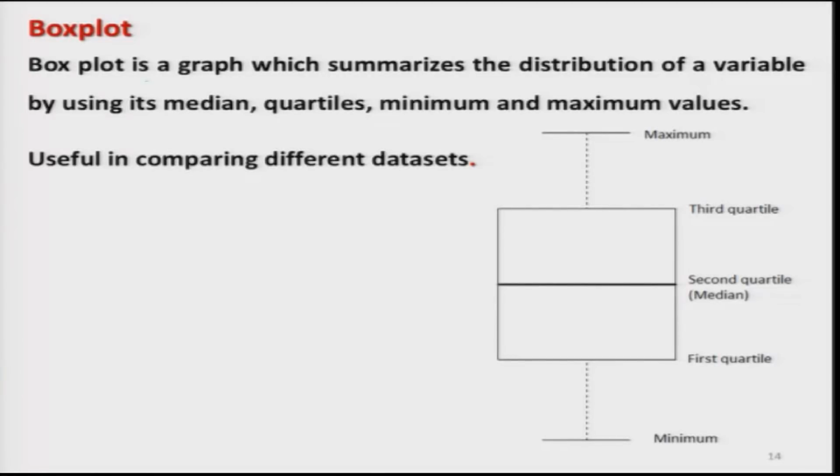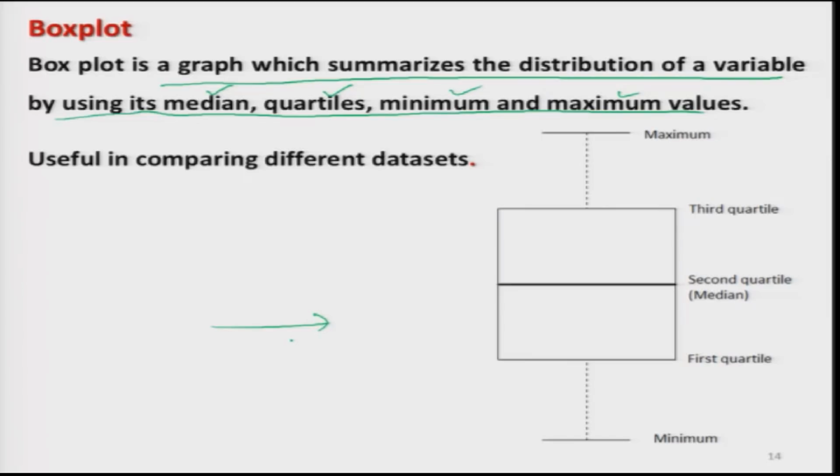Okay. So, this box plot is actually a graph which summarizes the distribution of the variable by using different types of information like median, quartiles, minimum, maximum. Remember, this will not give you the value of the mean. So, this box plot looks like this. You can see here a graph.